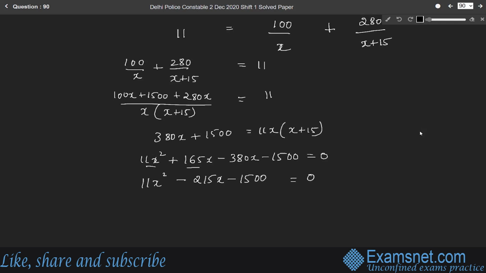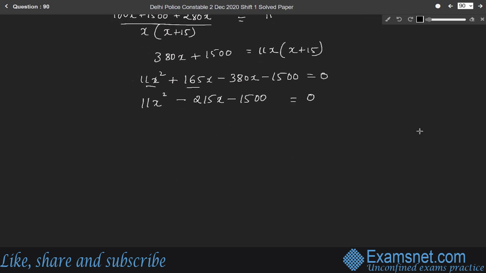So let us solve it by splitting the middle term. Before that, the product of 11 and 1500. So 1500 into 11 becomes 16,500, right? So the factors of 16,500, so that we get the middle term as 215.